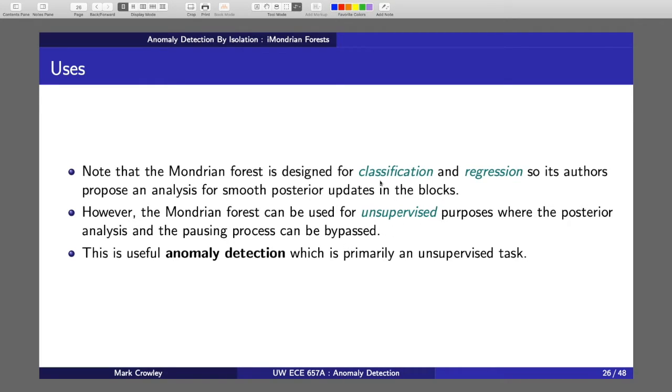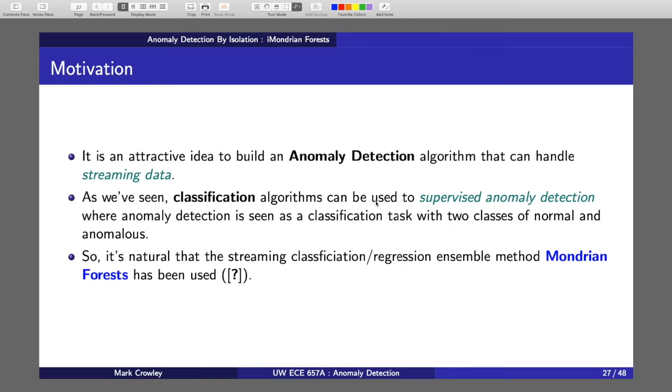So it's meant to be used for classification and regression, so you do it like the normal random forest type things. At the end, you build a classifier or a predictor based on the leaves of that tree. But you could use it for unsupervised, and that's what we were trying to do. So we basically defined this tree to do streaming.